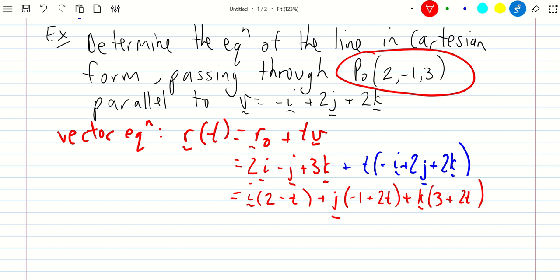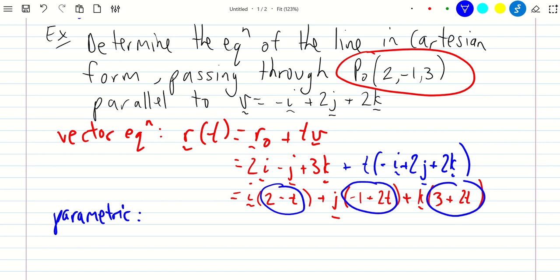Now, how do we change that into a parametric equation? We've done this before, but now it's a different situation. So let's do parametric. Basically that's our x, that's our y, and that's our z. We know how to do this.